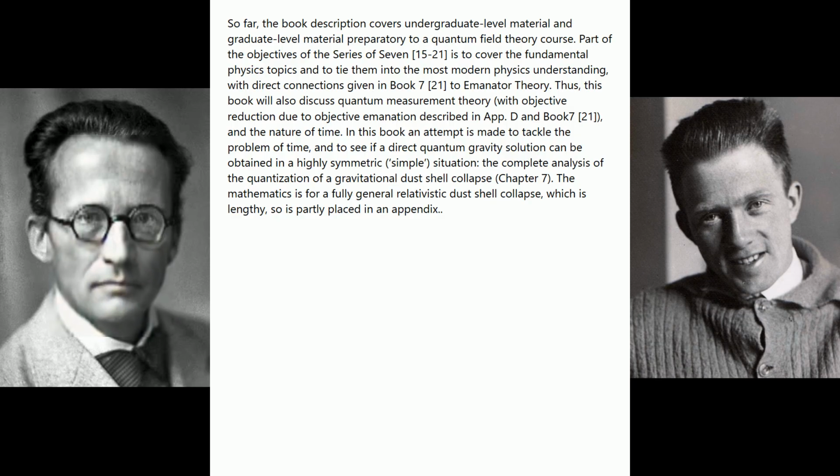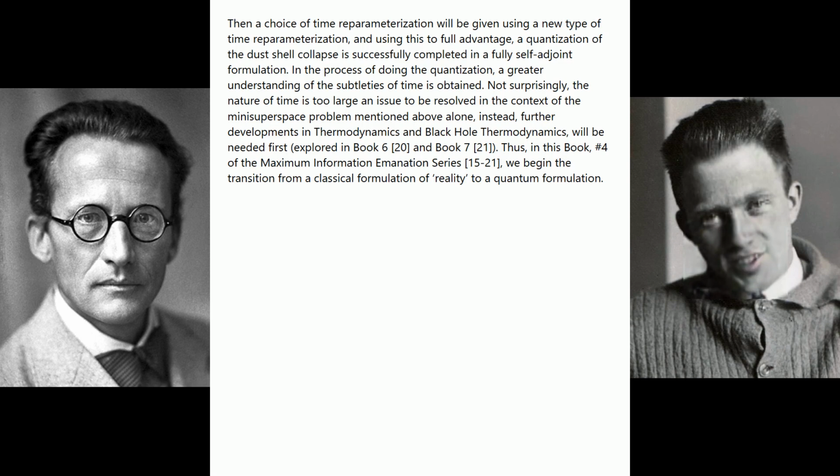The mathematics is for a fully general relativistic dust shell collapse, which is lengthy, so is partly placed in an appendix. Then a choice of time reparameterization will be given using a new type of time reparameterization, and using this to full advantage, a quantization of the dust shell collapse is successfully completed in a fully self-adjoint formulation. In the process of doing the quantization, a greater understanding of the subtleties of time is obtained.